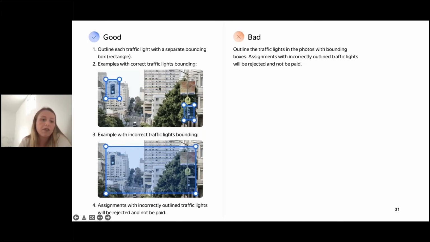On the other hand, on the left-hand side, we see clearly one example of correctly labeled traffic lights and an example of incorrectly labeled traffic lights. So I think it's pretty easy to spot that the left-hand side is much better. You would be actually surprised how many people actually use something similar to the right-hand side, and then the quality of the data can suffer.